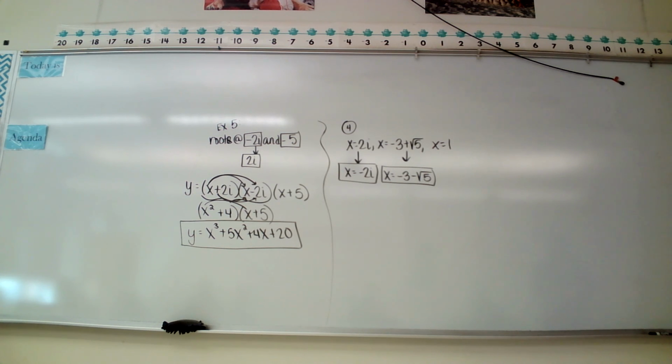Just as a heads up, numbers 1 through 9 in this problem set should be pretty quick. With rational, oh, that one's easy. That's just listing possible roots. So 1 through 9.